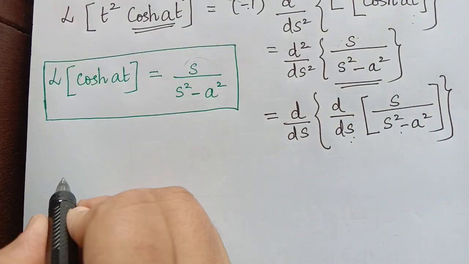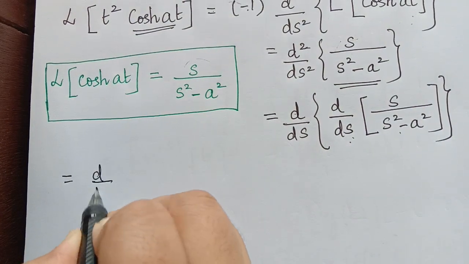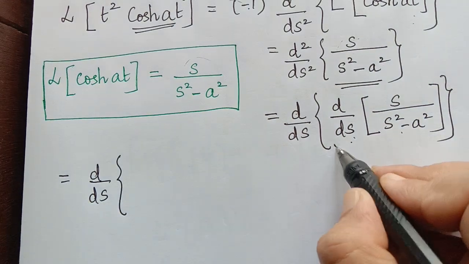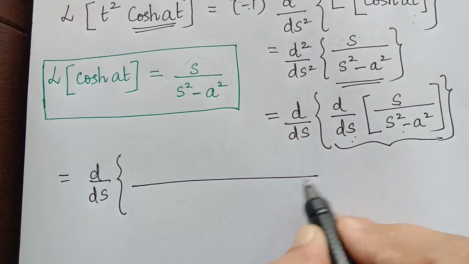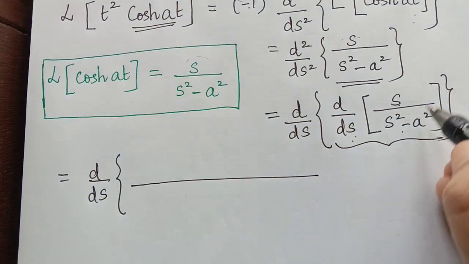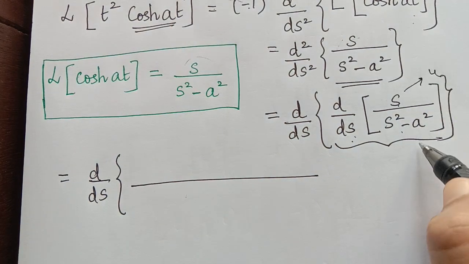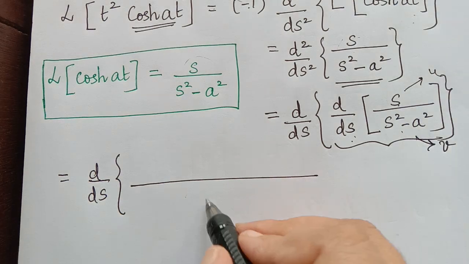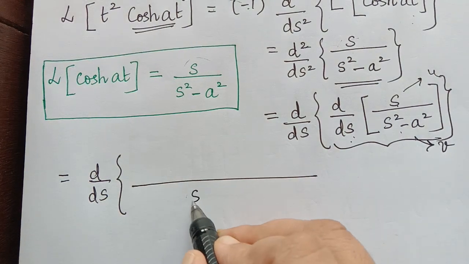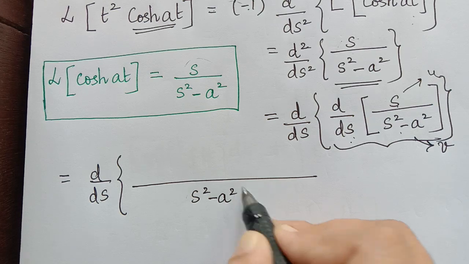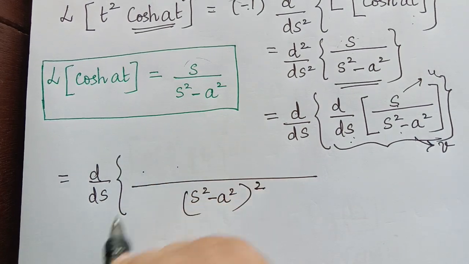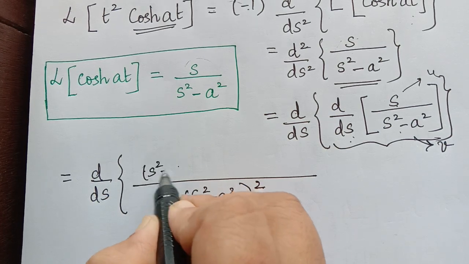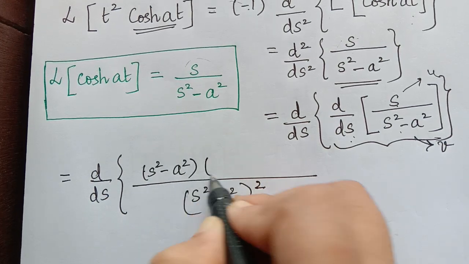So further this will be equal to d by ds of, when you differentiate this with respect to s, you have to use the u by v method, where in the denominator you have v square. So this will be treated as u and this will be treated as v. So the denominator you have v square, so it will be s square minus a square the whole square. In the numerator, v multiplied with u dash. So v is s square minus a square multiplied with u dash.